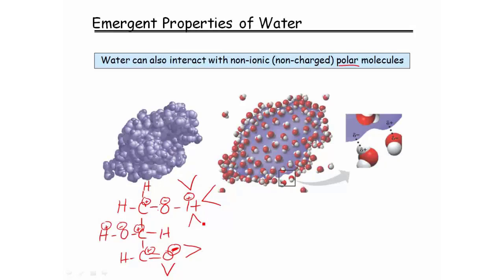So the water needs to be able to see some kind of a charge there so that it can orient itself so that opposite charges are then attracted to each other. If you look at this purple molecule in the picture, notice that the water molecules are turned in all different directions because you will have different areas of charge scattered over that surface.